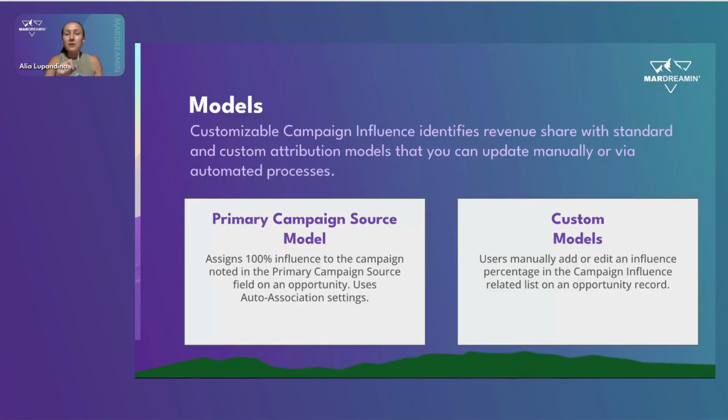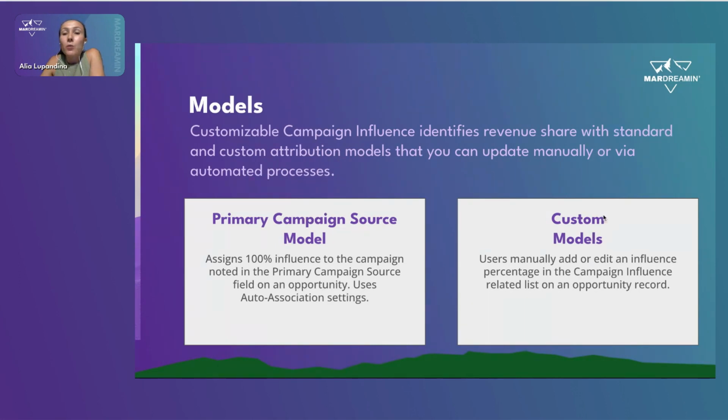So which models exist? There is the standard model, that is the primary campaign source model, and it assigns 100% of the influence to the campaign noted in the primary campaign source on the opportunity.